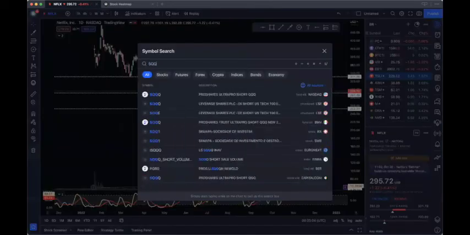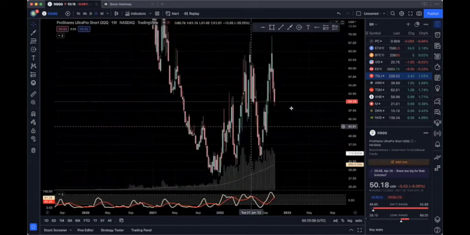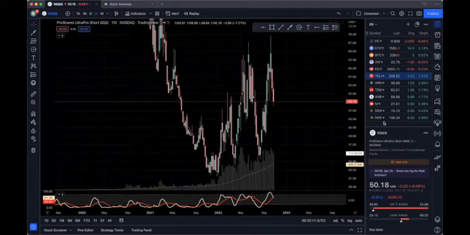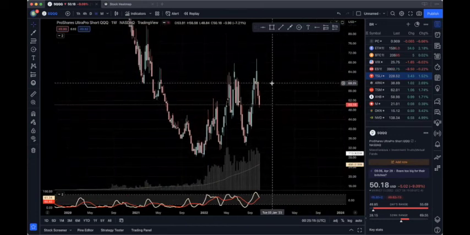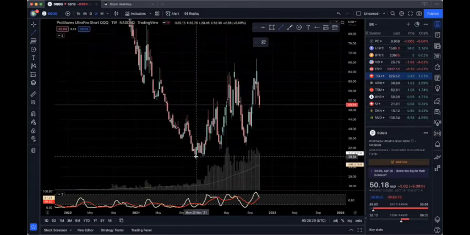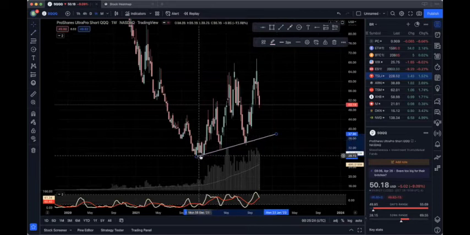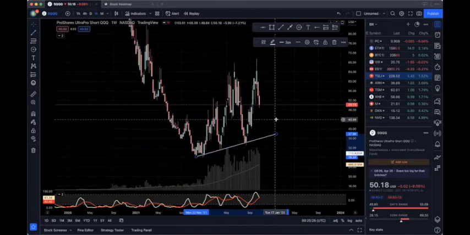SQQQ. So this is an inverse of not SPY, but you know, NASDAQ. We have a valid trend line here. See, 1, 2, 3, 4 bounces.